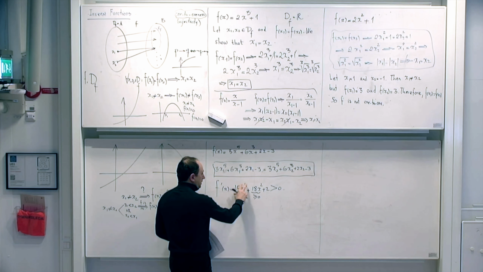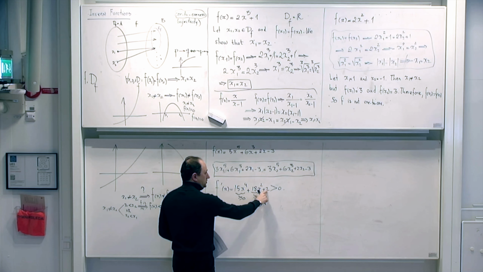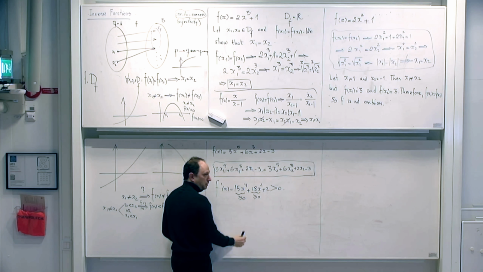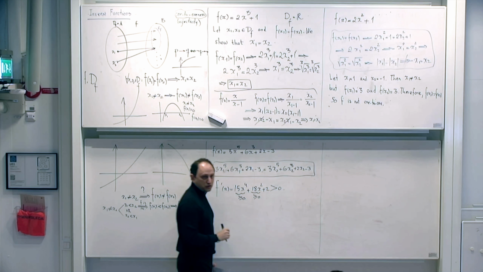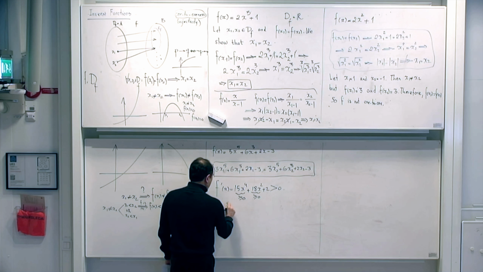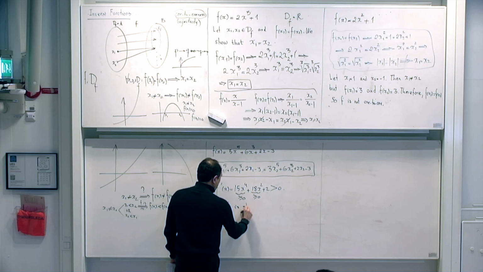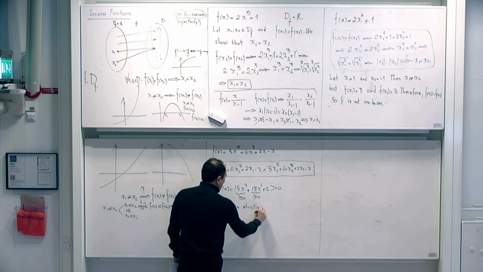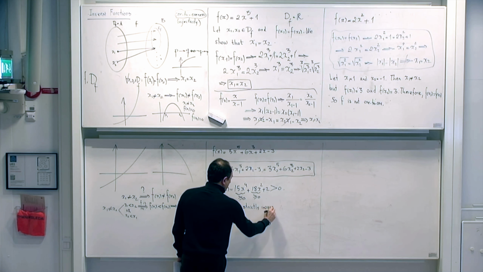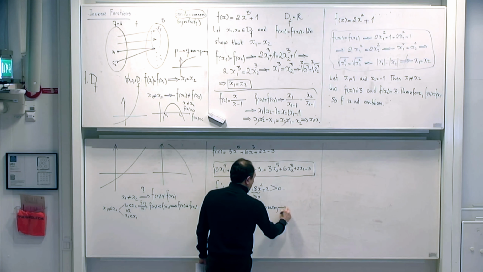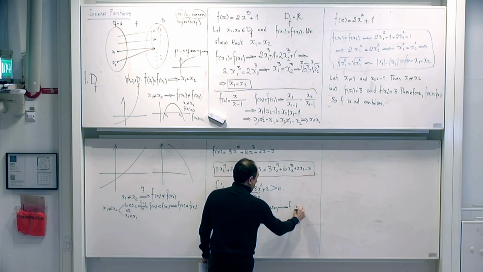So these two terms are non-negative, but 2 is strictly positive. So when I add these three numbers, the sum is definitely strictly greater than 0. So it means that f is strictly increasing. Then by that theorem, f is one-to-one.